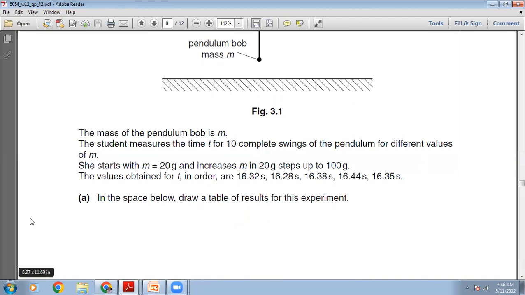And she noted down the time taken for 10 complete swings. So she got 16.32, 16.28, 16.38, 16.44, 16.35. So you see, the time period is not changing. It's a little bit reduced, here increased, again increased, and then again reduced.